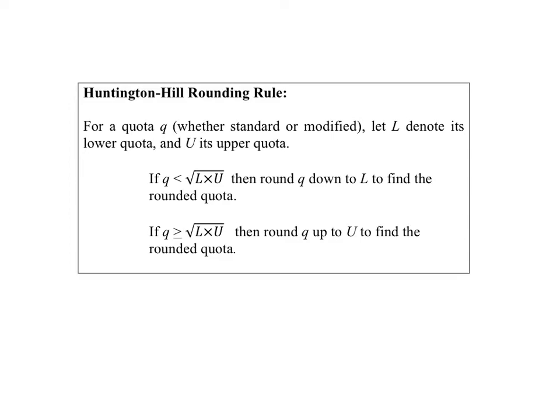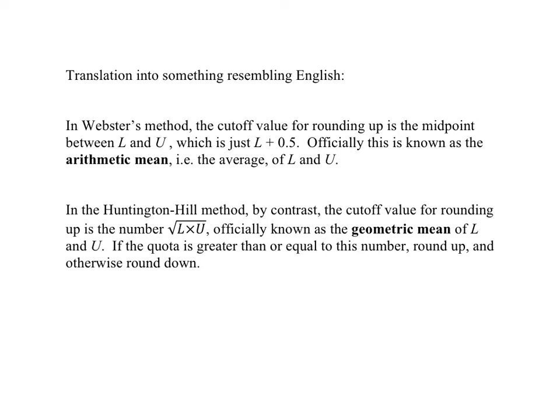I realize this is quite a lot of symbols, quite a lot of letters, and not enough concrete numbers. So let me explain it another way and then do some examples. So first, a translation of that mathematical statement into English, or at least something resembling English. So in Webster's method, that made perfectly good sense because we rounded in the completely conventional, familiar way. The cutoff value for rounding up is the midpoint between lower quota and upper quota.